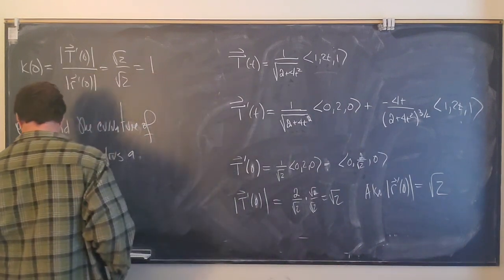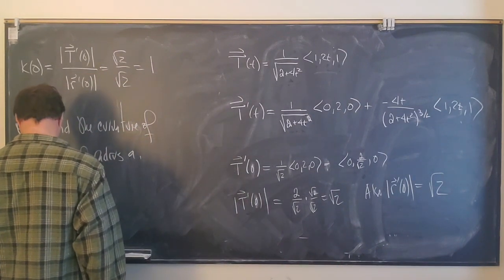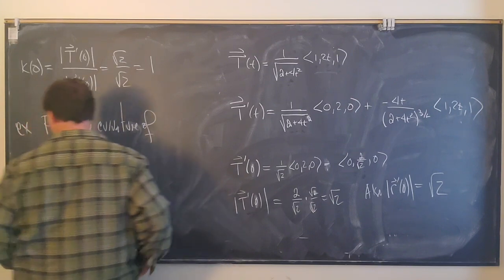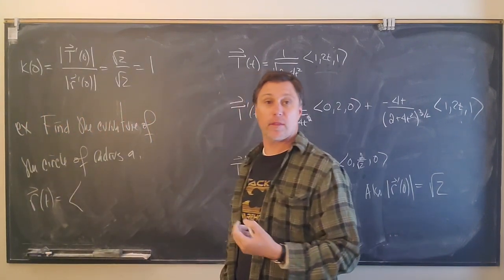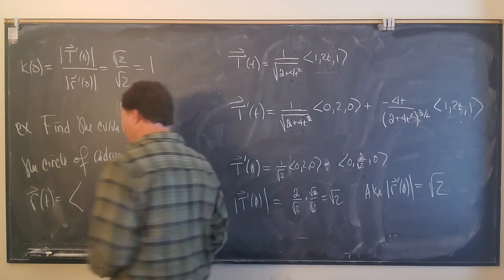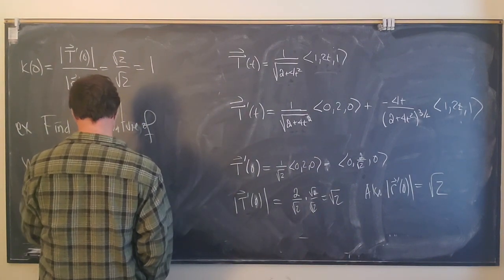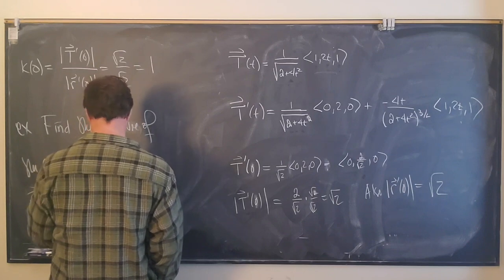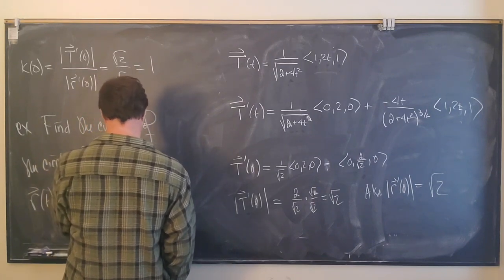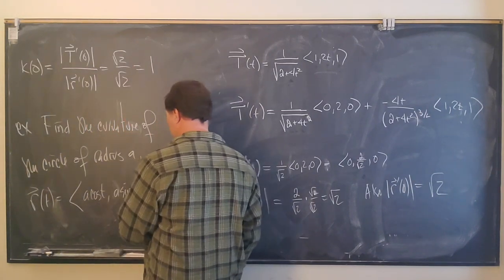Okay, so remember we can parameterize a circle. I'm going to write it in vector form rather than in parametric form. r of t is equal to a cosine t, comma a sine t. Right? If it is an ellipse, there'd be an a and a b.